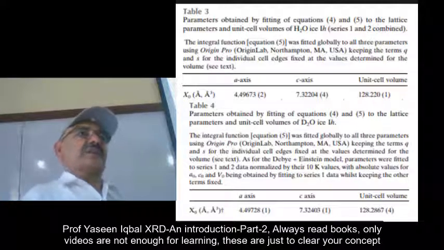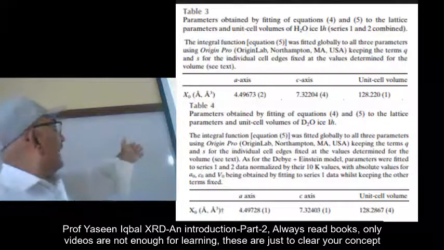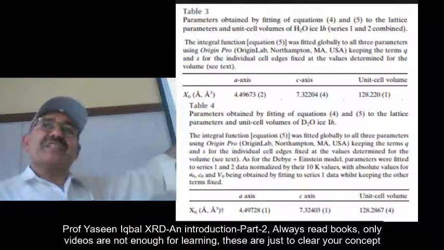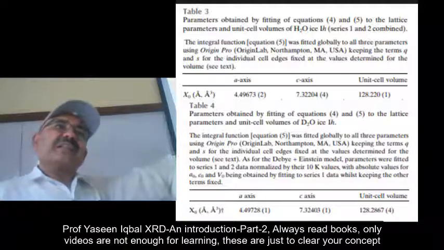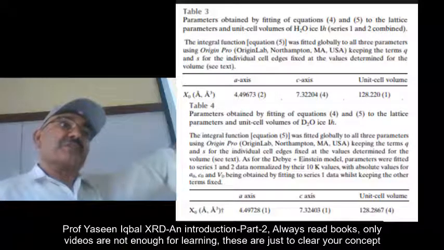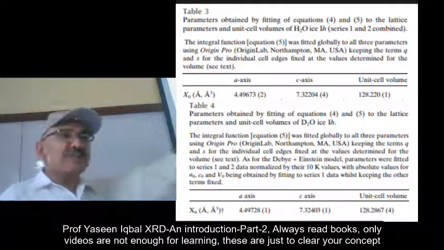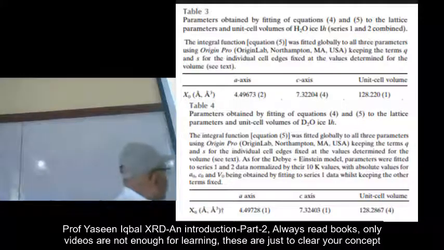It is really surprising that you couldn't understand this simple thing, right? A is given, B is not given. This means A is equal to B. If only A is given, then this will mean A is equal to B is equal to C, and it will be cubic. So my aim was not to teach you crystallography by showing this, but look at the difference.